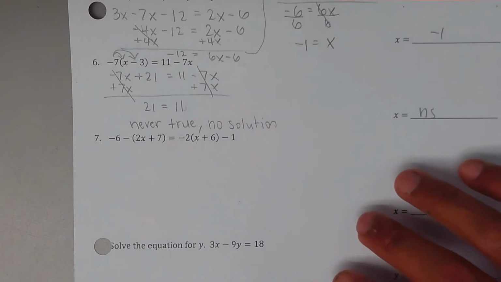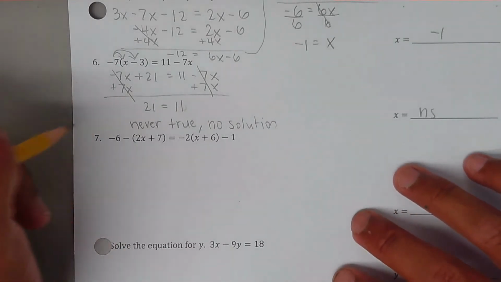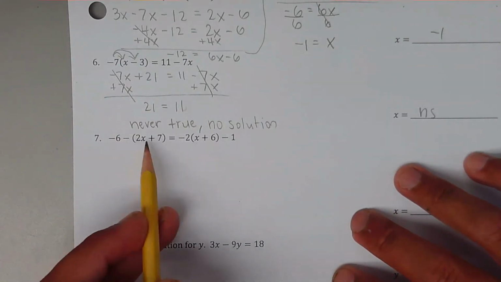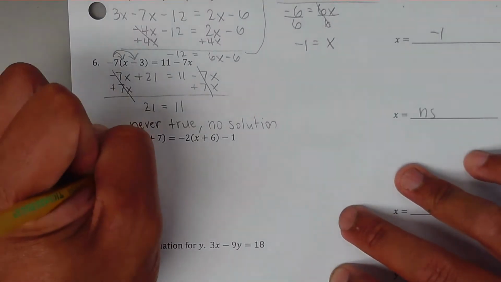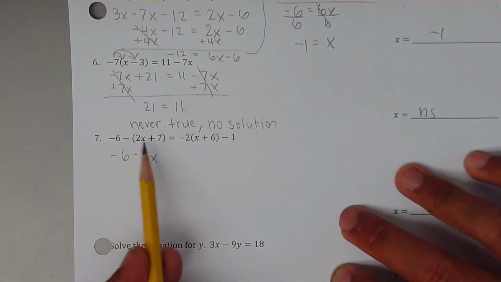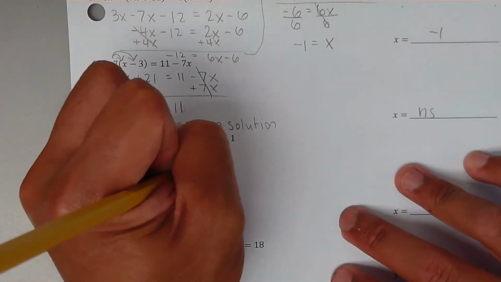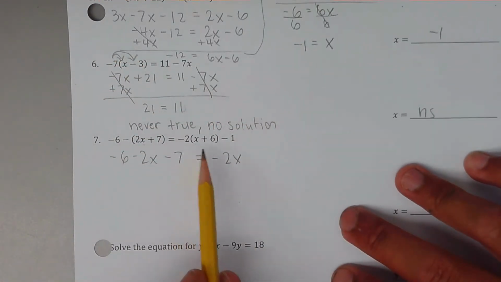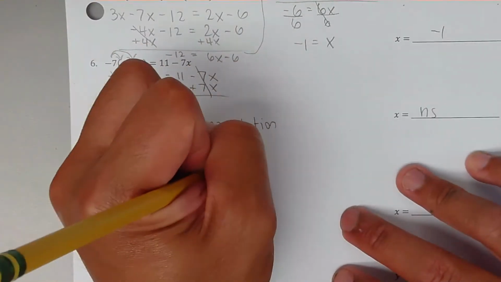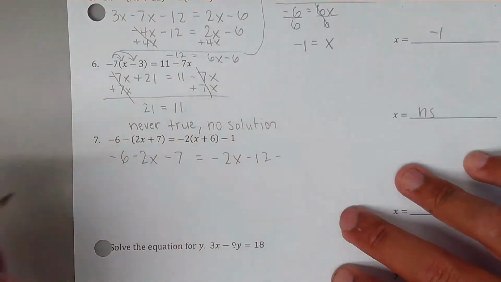All right, question number 7. We have -6 minus (2x plus 7), so in parentheses, so we need to distribute that negative once again. Or we can just flip the signs of each of these. This is positive, let's make it negative. So -6 minus 2x minus 7 is equal to -2x minus 12 minus 1.